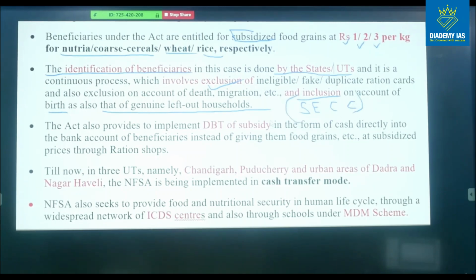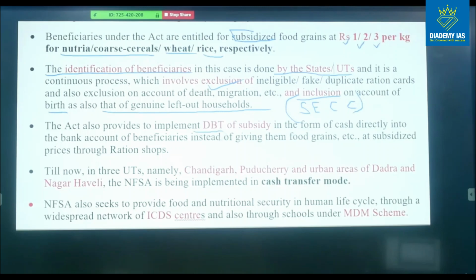This socio-economic caste census we already discussed in the chapter on poverty, and it involves the use of exclusion criteria, inclusion criteria, and some other deprivation criteria. Then it also provides for direct benefit transfer.